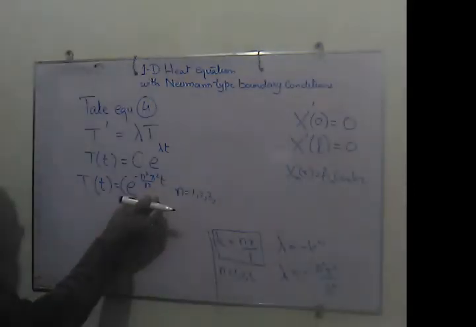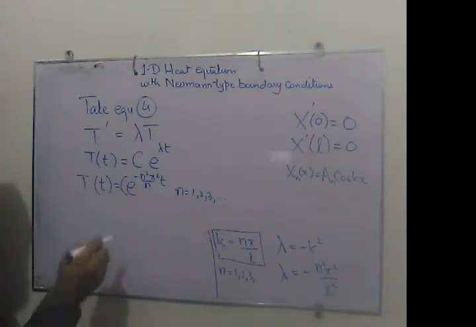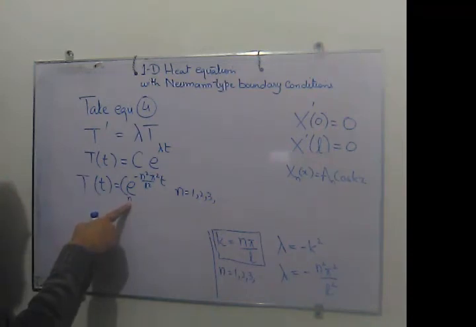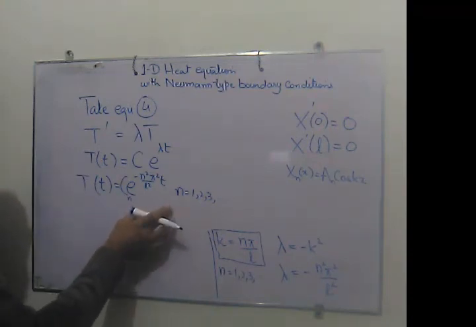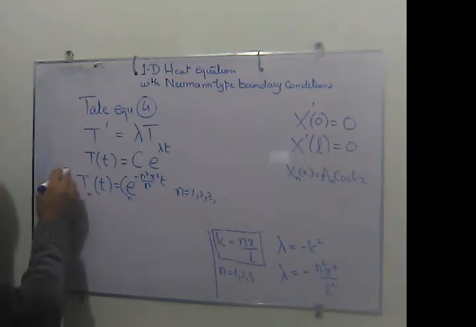Since there are n exponential terms here and each exponential term will have its own coefficient, we have to put n with the c as a subscript, and since there are infinite solutions because of the n, this also represents the infinite solutions.